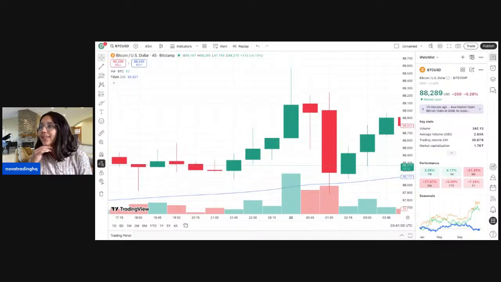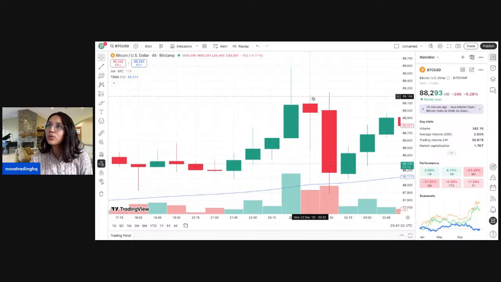As you can see, the sellers again dipped price under 89,000, but they couldn't hold it, right? And the buyers absorbed all the selling and pushed price up to 89,200 and something, right?